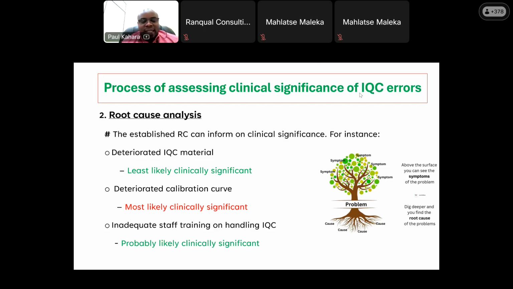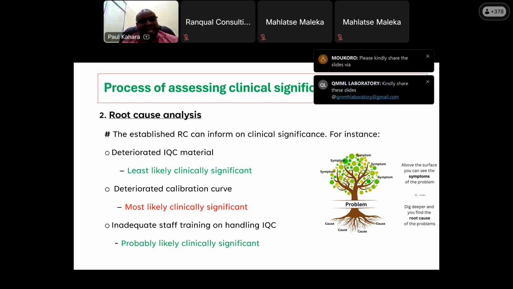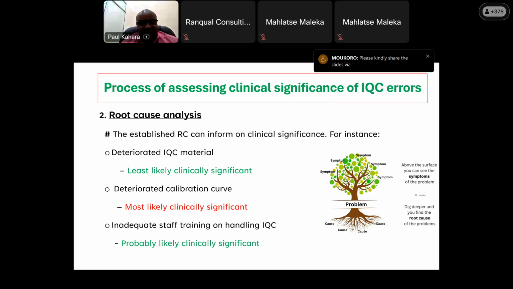But when you establish that the calibration curve was the one that had deteriorated, then at once you'll also realize that your nonconformity or your IQC failure is definitely clinically significant, because we know calibration will affect everything about the testing that we do.